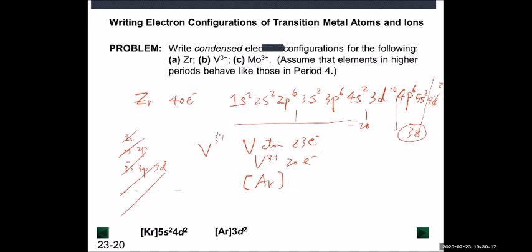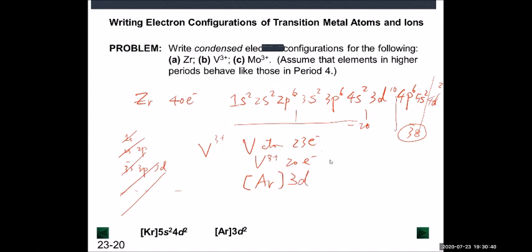But for transition metals, when they lose electrons, they lose the s electrons first. So the configuration for the vanadium 3+ ion, there will be no more 4s electrons. It's only 3d.